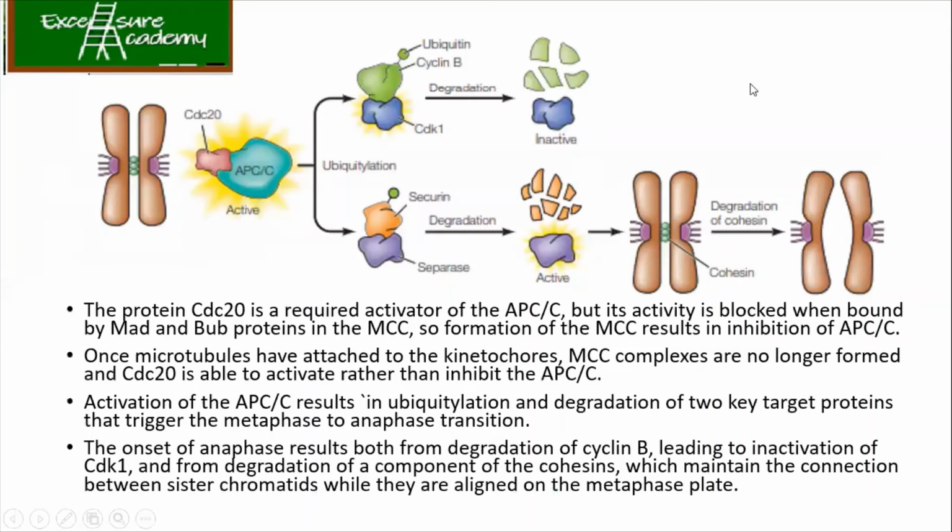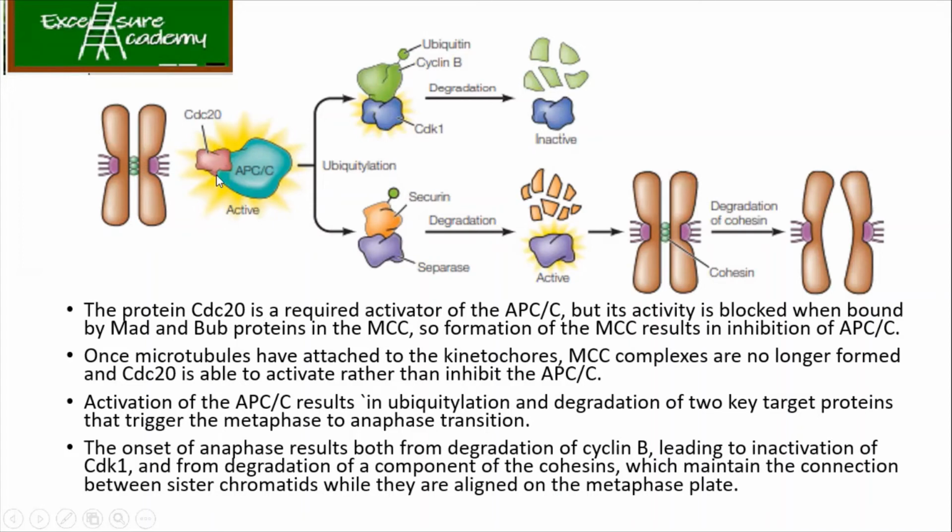Now the protein CDC20 is a required activator of the APC/C, but its activity is blocked when bound to MAD and BUB proteins in the MCC. So the formation of MCC results in the inhibition of APC/C. Clear?